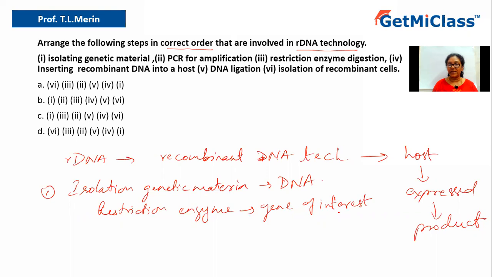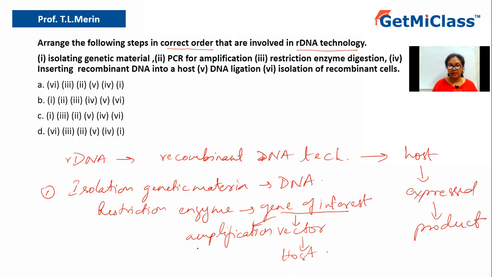Now, this gene of interest will be inserted into a carrier, which is called a vector. And further, this vector will be inserted into the host for the expression. Now, this gene of interest can be amplified, if you want to amplify it. That is amplification by something called PCR, so as to get many copies of this gene of interest.